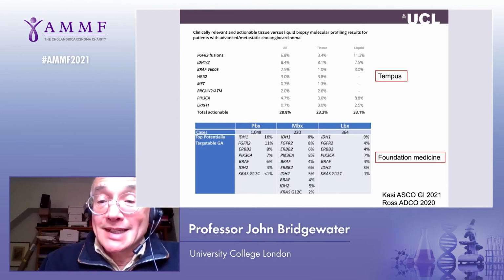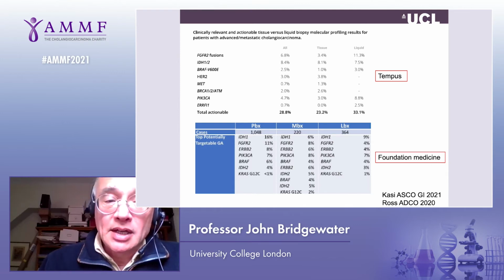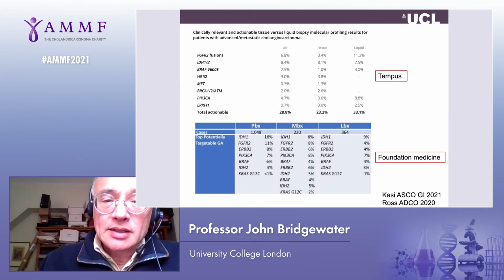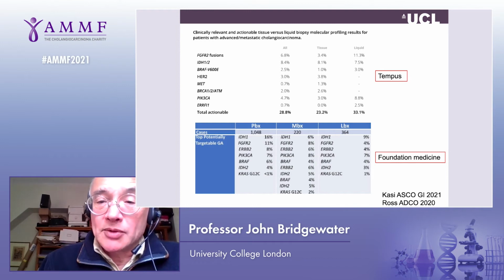The situation is different if you use a different test. So if you use this test called Foundation Medicine, the columns here refer to the abnormalities found in the primary cancer, in metastatic cancer, and in liquid biopsies over here.